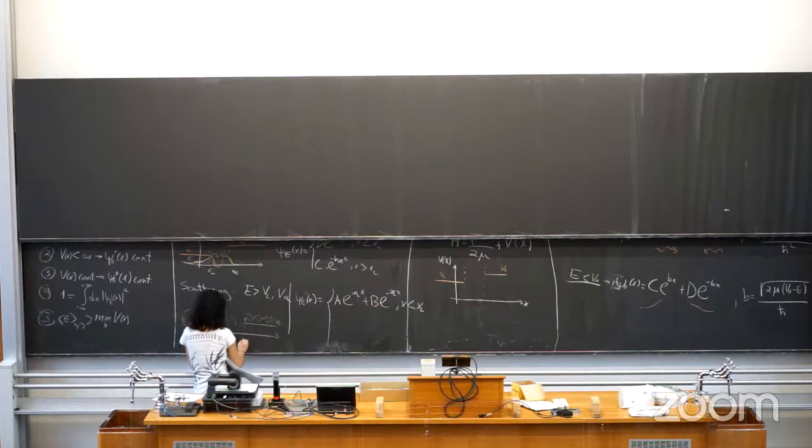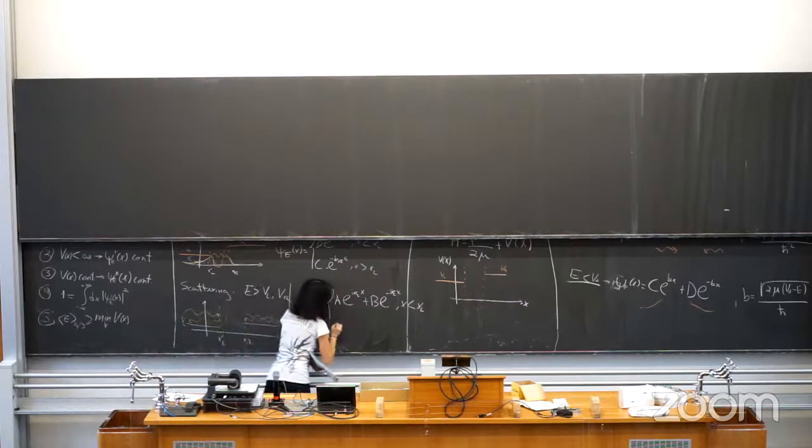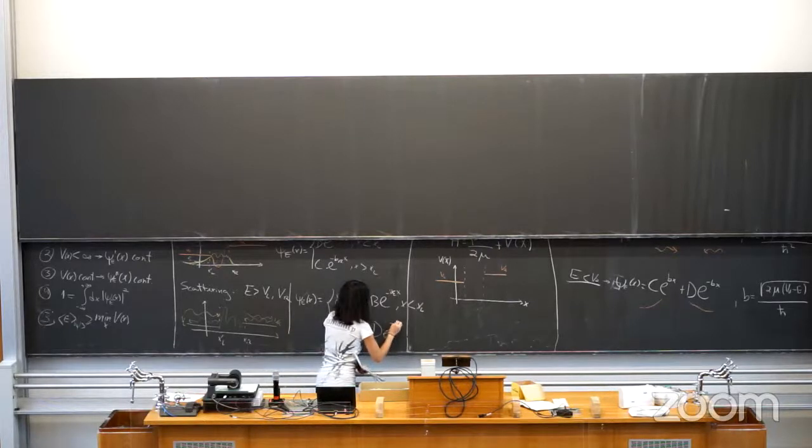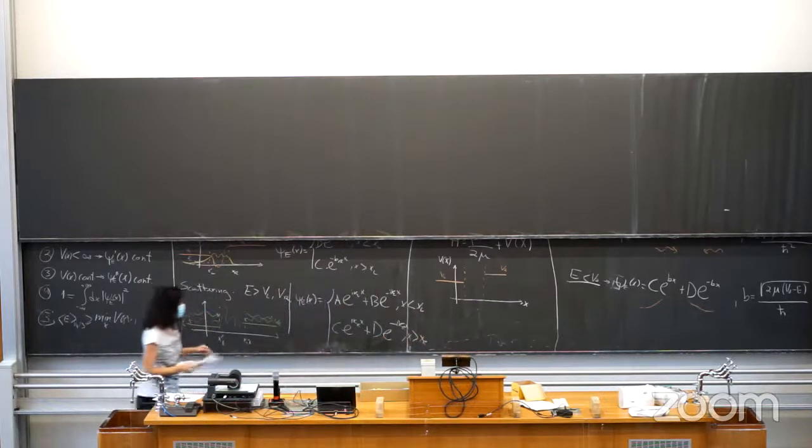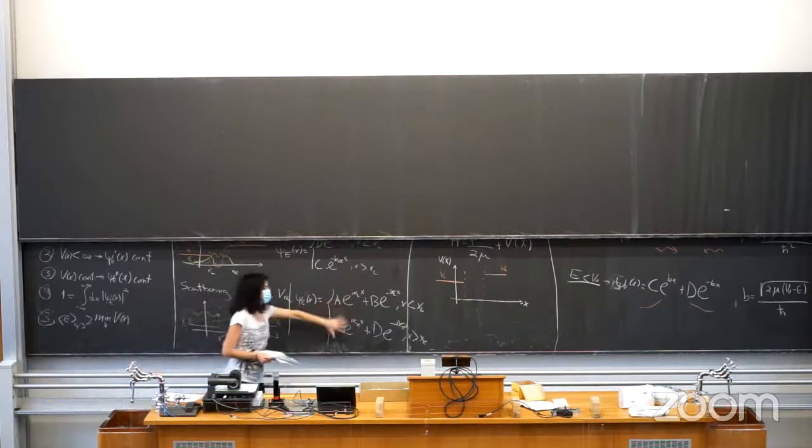And then we have the right side, for x larger than the other limit, right? And now all of these constants will depend on what's happening here in the middle.